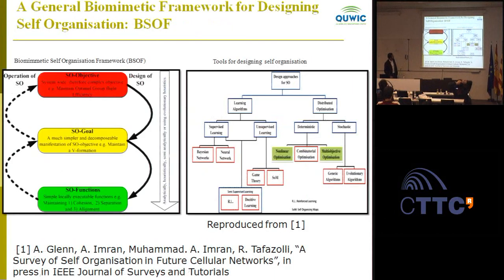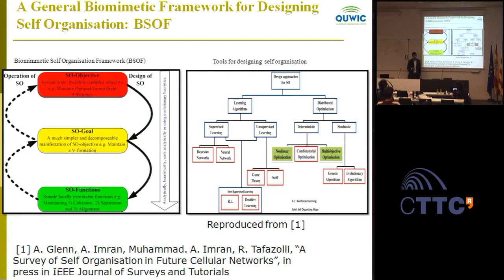Based on that observation, if we try to get the abstract idea from there, the birds had an objective, and somehow they transformed this objective into a simpler objective. You can call it a goal, for the sake of having a different word, and they were able to achieve this goal with local behavior.